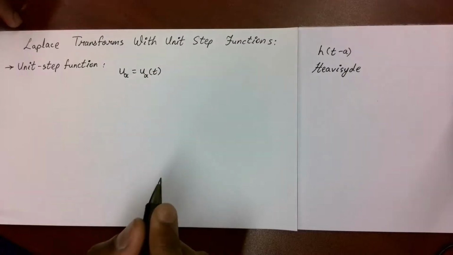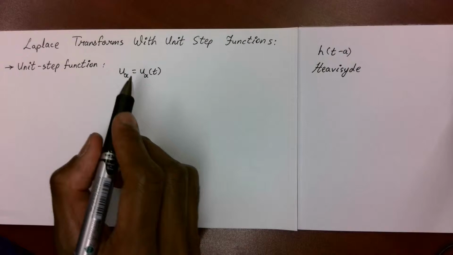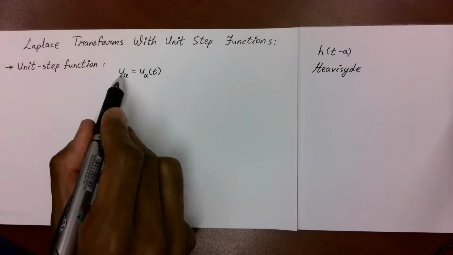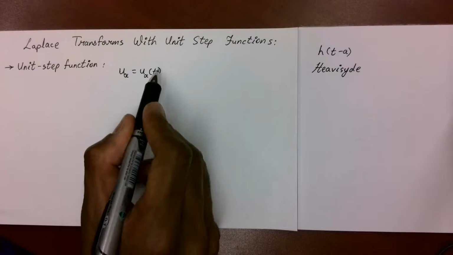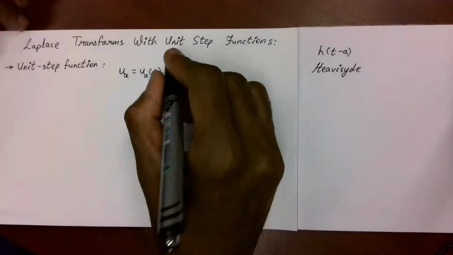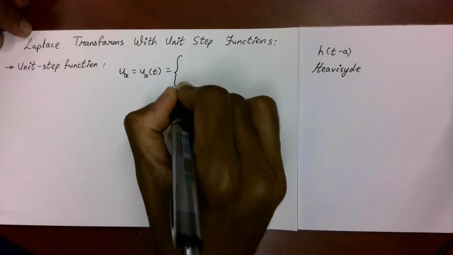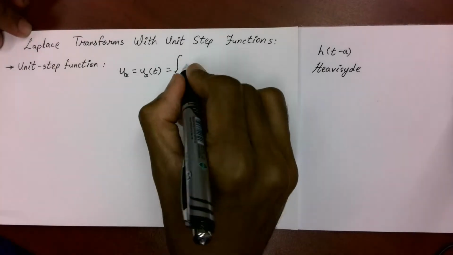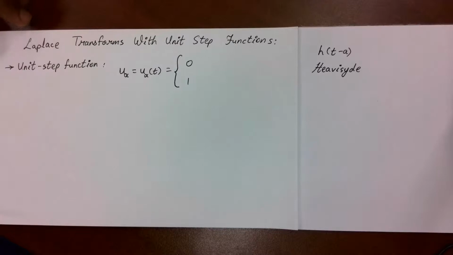So in the problems following this, when you see a u alpha, it's a function of t. This is a piecewise function, and it only has binary values, 0 or 1.